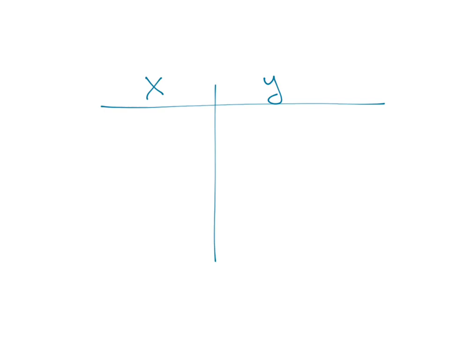And in one column, you've got X, and in the other column, you've got Y. And under X, let's put the word domain, because we just said domain tells me all the X values that may be in a relation. And under Y, let's put range. That's all the Y values that may be in a relation.